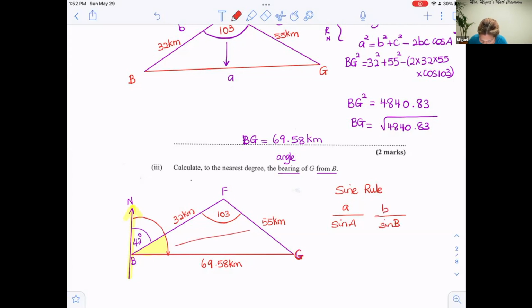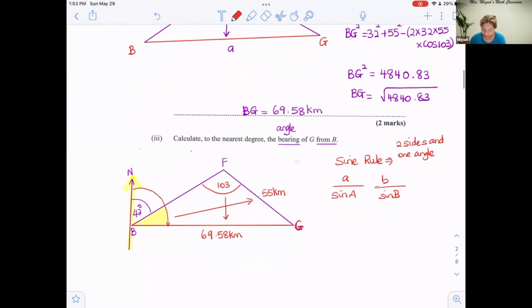So we want to find this. This is the information we're going to use. We don't need this. We have 2 lengths and 1 angle. We have 2 sides and 1 angle, but we do not have the included angle. If we had the included angle, we could have used the cosine rule. So the sine rule is used for 2 sides and any angle.